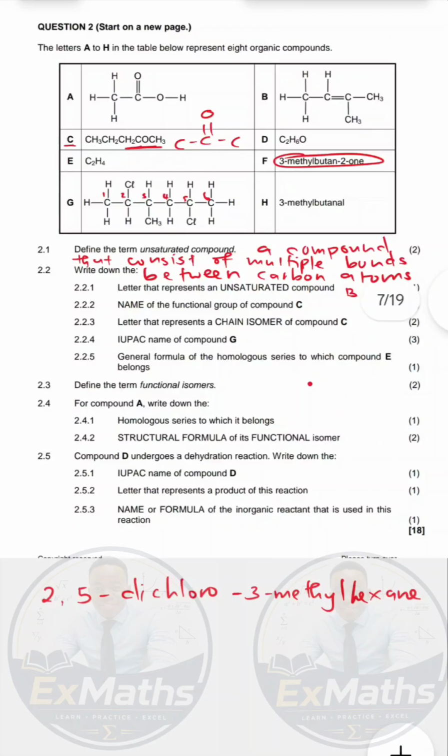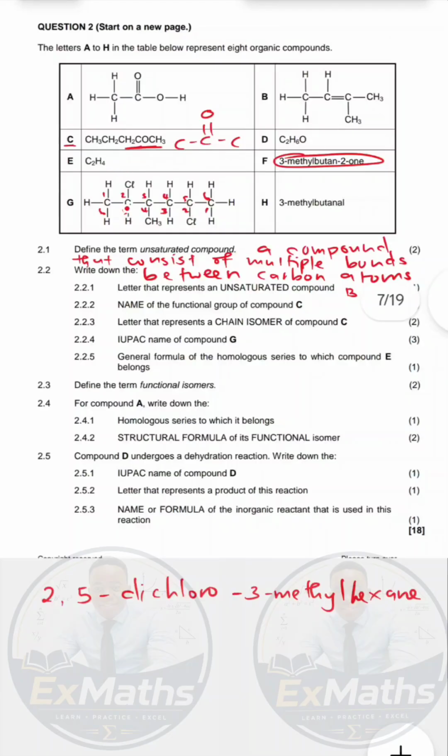Let us see what we're going to get if we number from right to left. This one will be our carbon number 1, 2, 3, 4, 5, 6. So we still start with the chloros. Our first chloro is on carbon number 2.